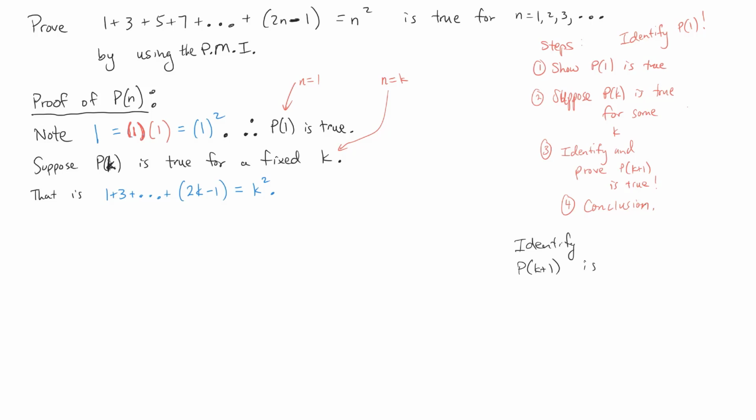P of k plus 1 is 1 plus 3 plus dot dot dot plus 2k minus 1 plus bracket 2 times k plus 1 minus 1 close bracket. It has to equal some pattern.